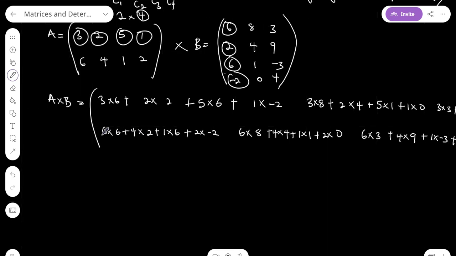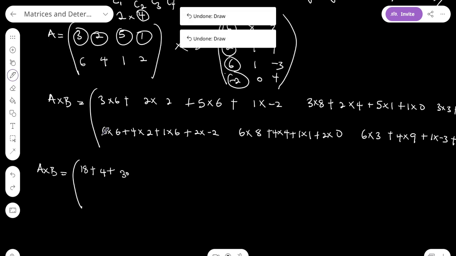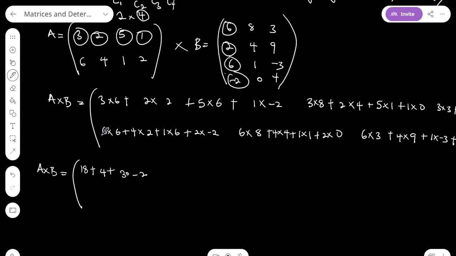So we cannot do the addition first. So we do the multiplication and addition rather. So we now have A cross B will equal 3 times 6 is 18 plus 2 times 2 is 4 plus 5 times 6 is 30 plus 1 times minus 2 is minus 2. So we go 3 times 8 is 24 plus 2 times 4 is 8 plus 5 times 1 is 5 plus 1 times 0 is 0.